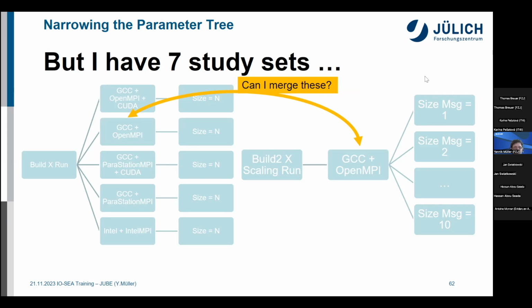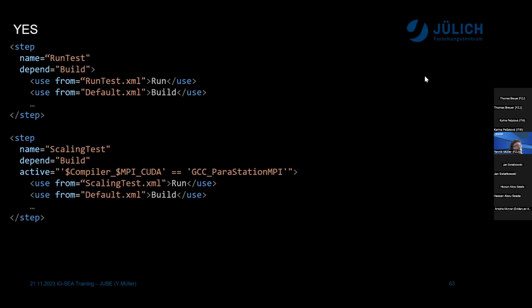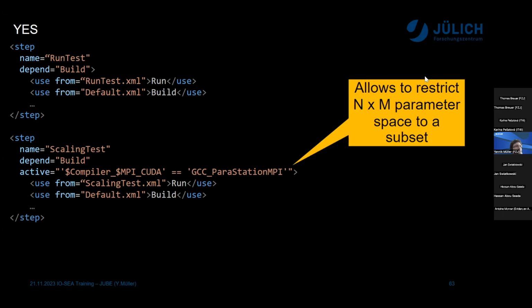So normally you cannot really merge these. You can either have the full cross product or the cross product with the reduced build set, except when you use the active clause, then you can do that. So for the scaling test, you basically run on the same tree of the full cross product, but you deactivate all the steps where the stack is not the stack that you want to run on.